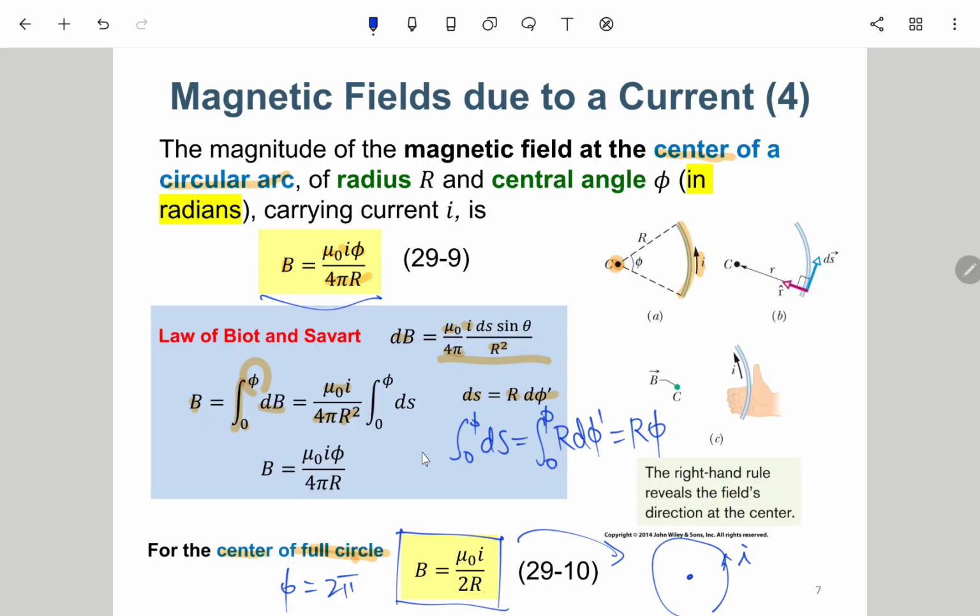This r is partly cancelled with the r squared, down to an r. Finally, we have 4 pi r in the denominator and mu 0 I phi in the numerator. This is the proof. Then by putting phi to be 2 pi, we get the special case B.